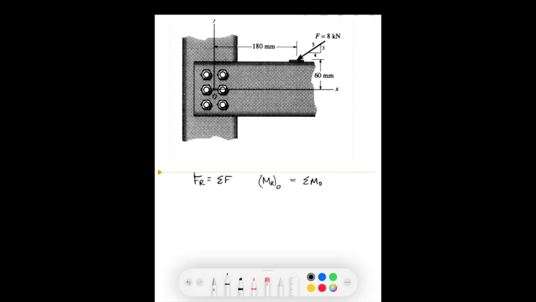There's only one force. So what we'll do is we'll break up that force into two components, its x and y components.